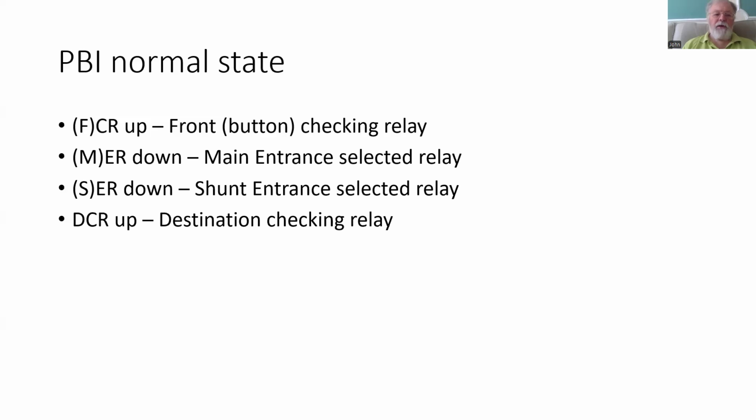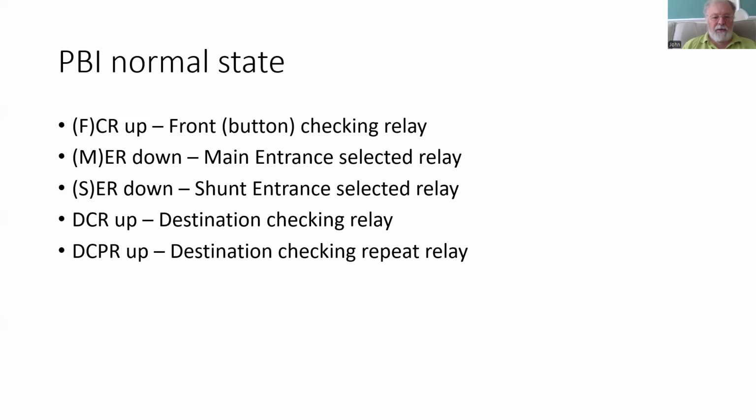We're moving on to the destination, and we have the destination checking relay, a relay that's checking that no destinations, exits have been registered within the system. And that's repeated in the DCPR, which remains up even when the destination has been selected until the timer expires within the PBI.